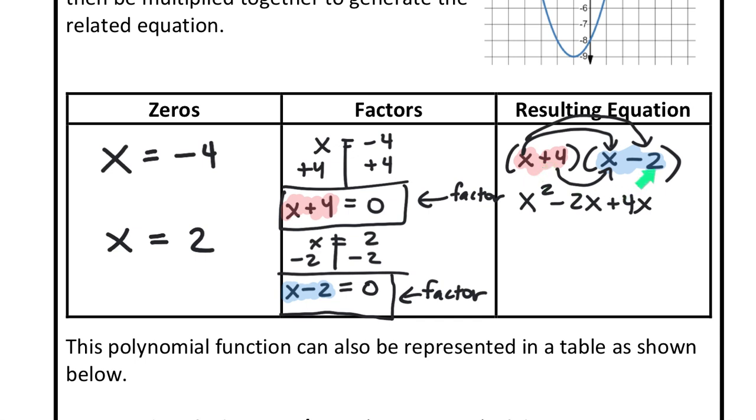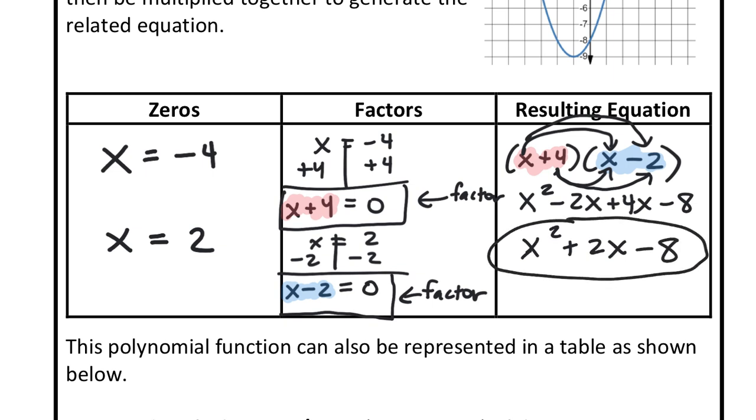And then 4 times -2 gives me -8. Combine like terms here, -2x plus 4x. Get x squared plus 2x minus 8. So this is my resulting equation.